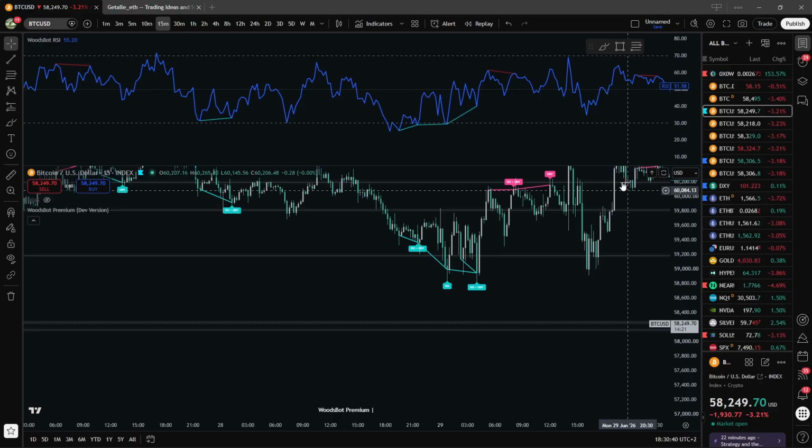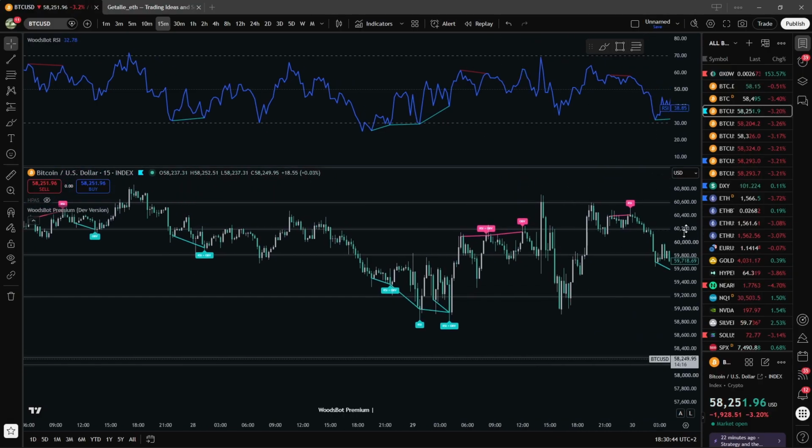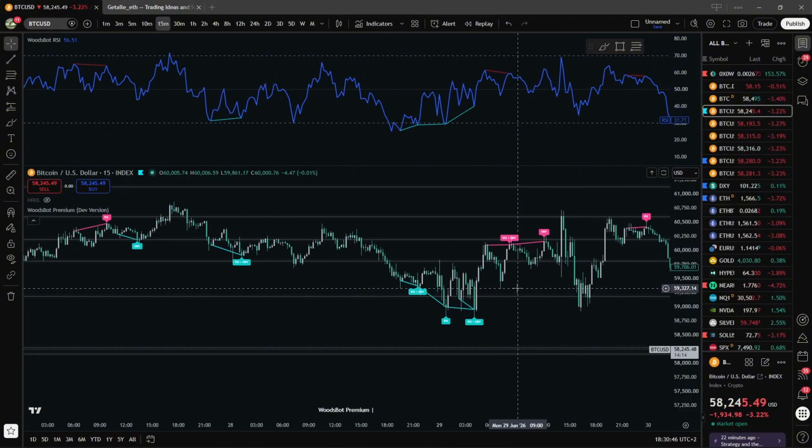Okay, yeah. So this is perfect, right? So on this price action right here, what I want to explain is that even though you have RSI bullish and bearish divergence, it doesn't mean that price action has to reverse off this point.